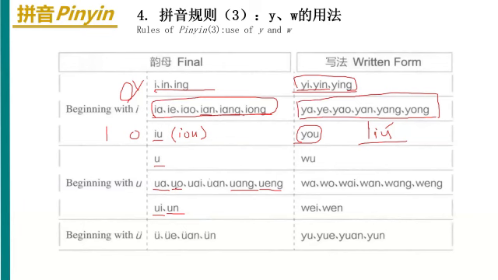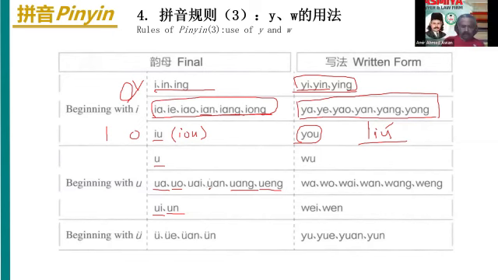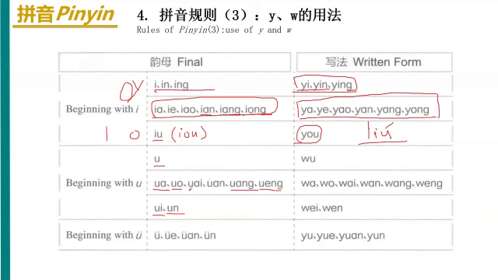I didn't ask you to read, so please vote. Okay, let's go on. Wei, Wan, Wang, Wen. Okay, good, very good.